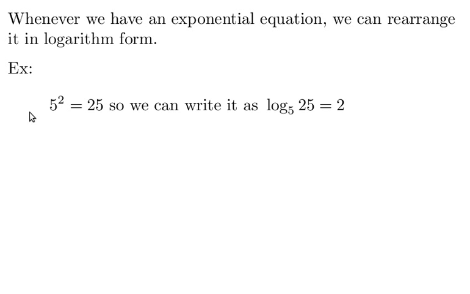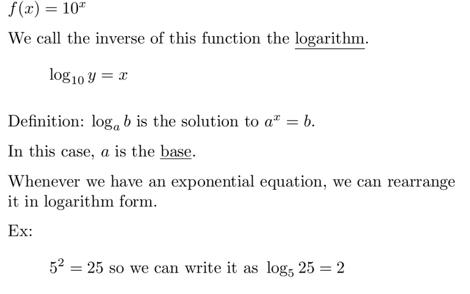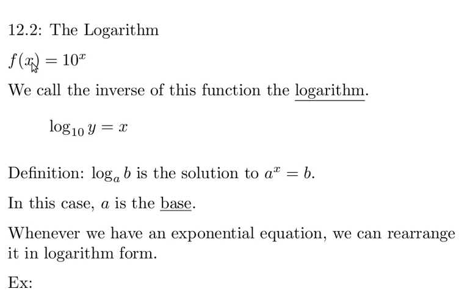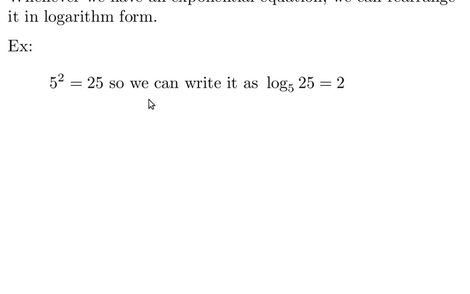Let me go back again to explain exactly what we're doing. We're coming up with a new function. This is how we go from f of x equals 10 to the x. This is how we invert that function. 5 squared equals 25. We can rewrite that in logarithm form as log base 5 of 25 equals 2. So think of it this way.